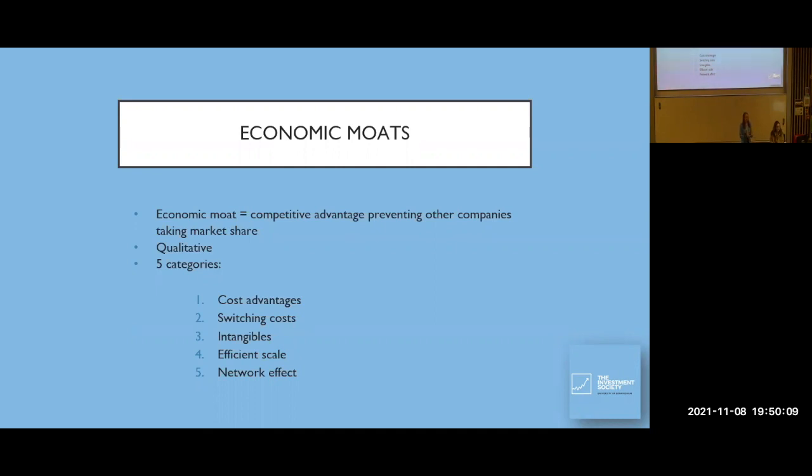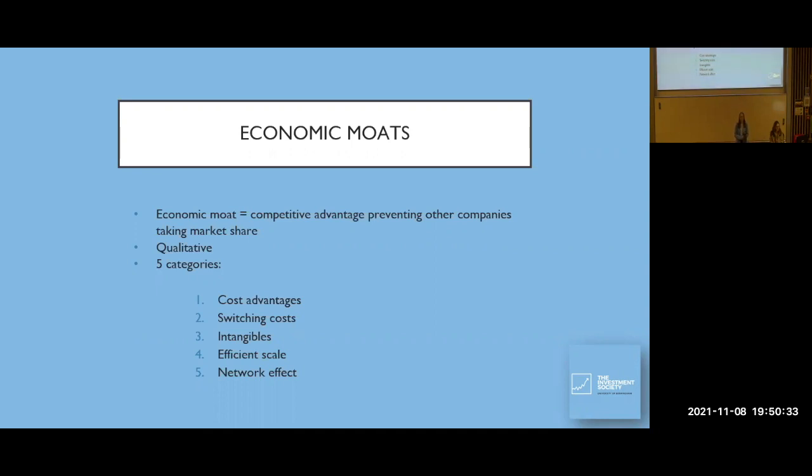So there are lots of different types of economic moat. For example, if you think of Nike, you've got the economic moat of the brand. There are a lot of people who really like the brand in particular, and so therefore they would not be as willing to go to another brand. Another point is switching costs.